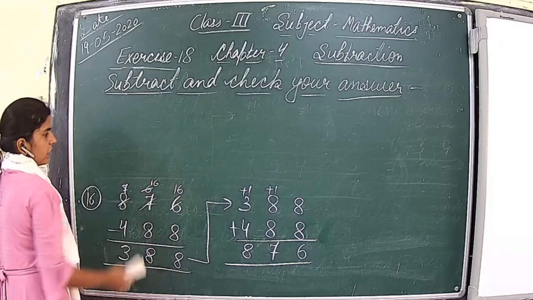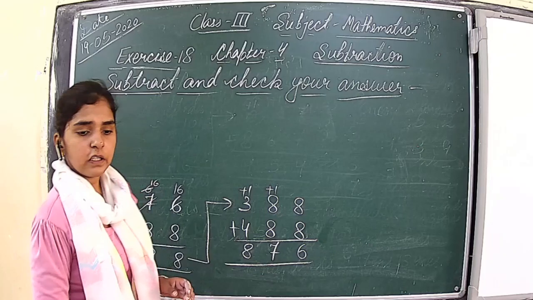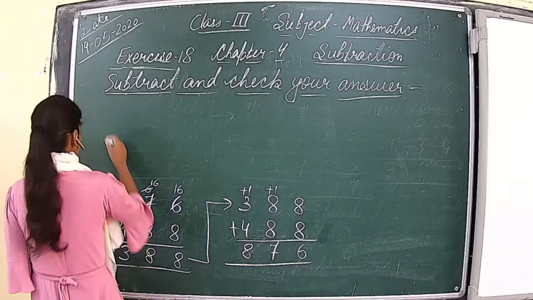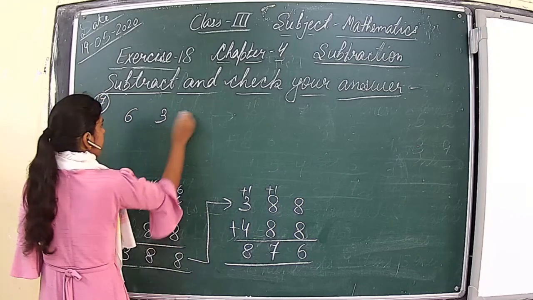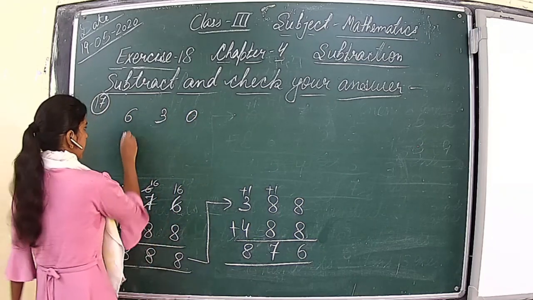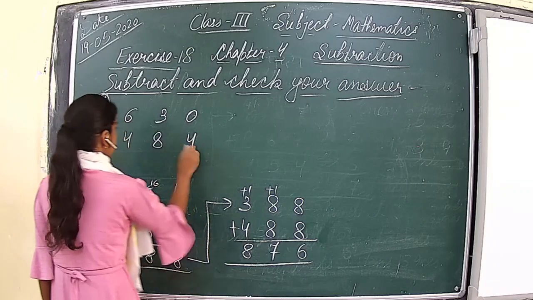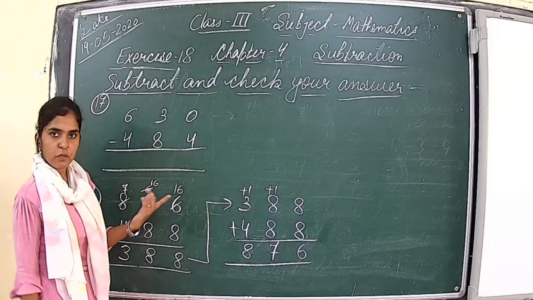Question number 17. 630 minus 484. So let's subtract. 0 minus 4, we cannot subtract it like that.